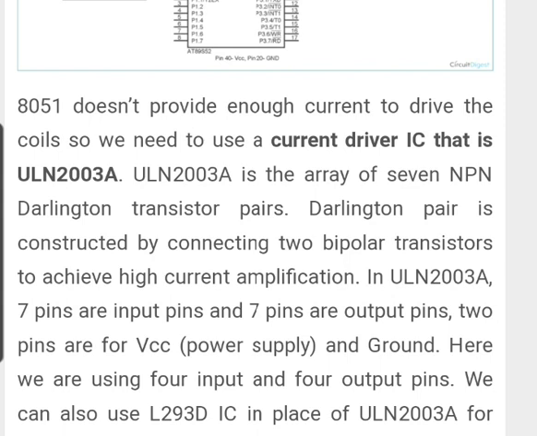The ULN 2003A is a current driver IC, and it is an array of 7 NPN Darlington transistor pairs, constructed by connecting two bipolar transistors to achieve high current amplification.